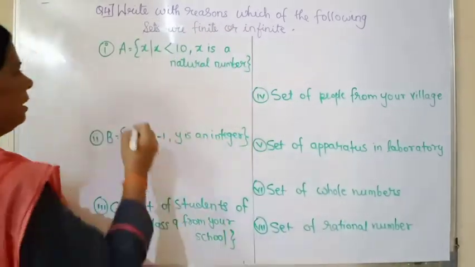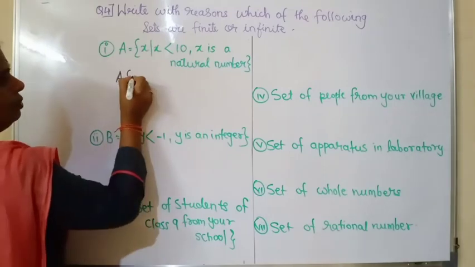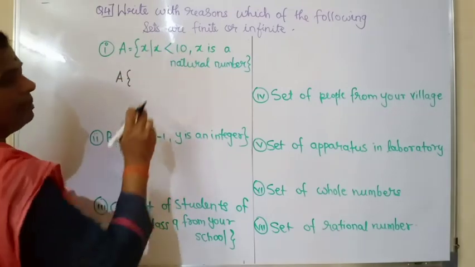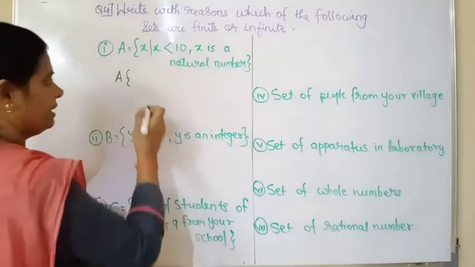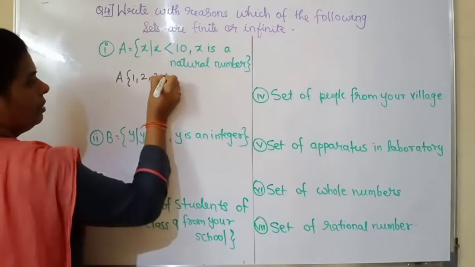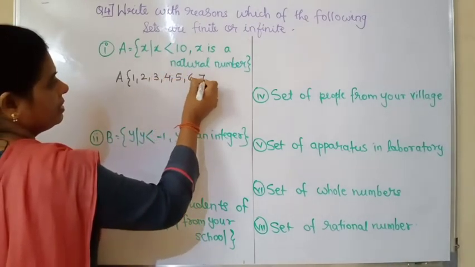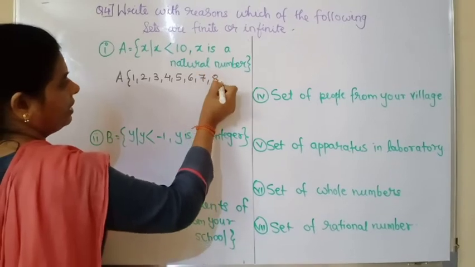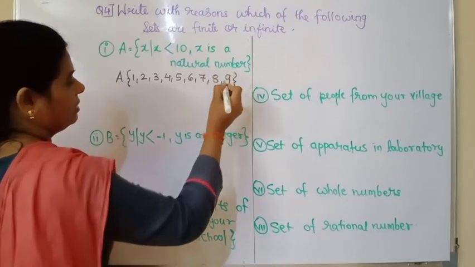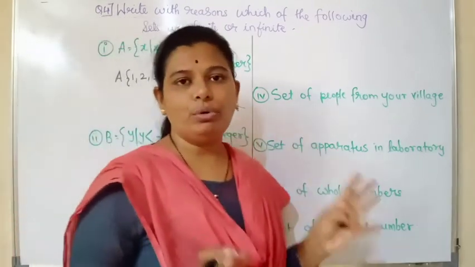Okay, so which are the natural numbers less than 10? That is A equal to 1, 2, 3, 4, 5, 6, 7, 8 and 9. Okay, less than 10 means up till 9 we have to write.